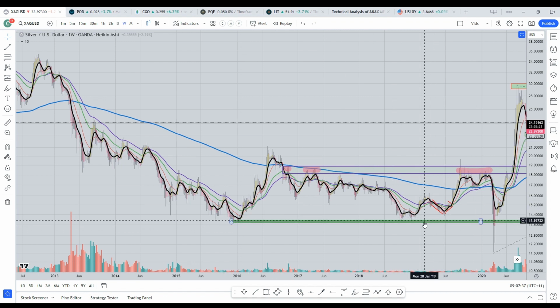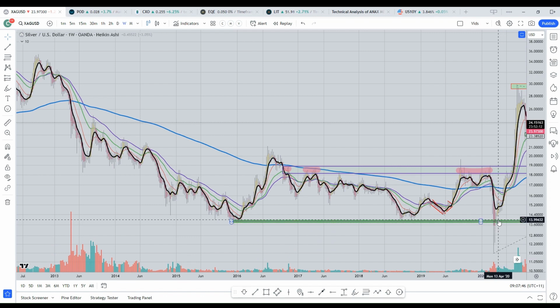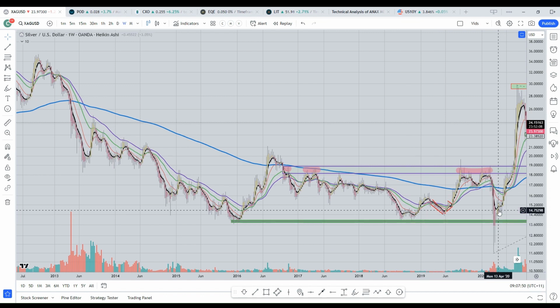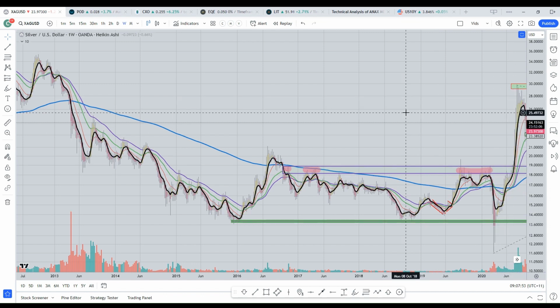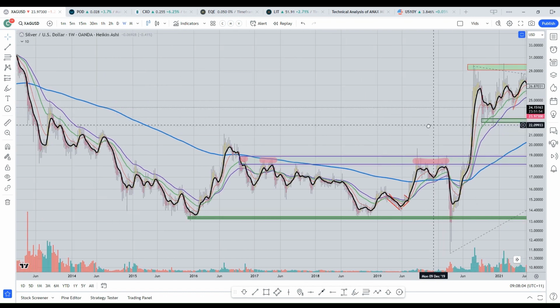So we thought this would hold, but of course it did break down in a big way and rebounded straight away and went back up. This often, if it can hold above the initial support line, usually we get a really good rally out of there. So that's something to consider as we go forward. All right, so we rallied out of there. We got up to $30 where we hit this high.